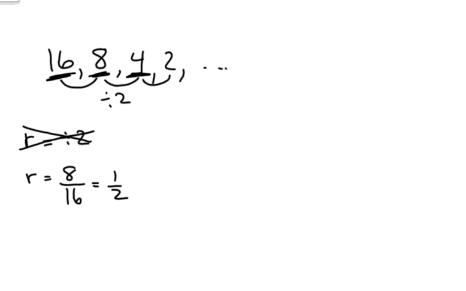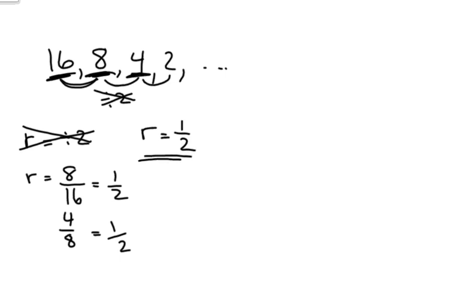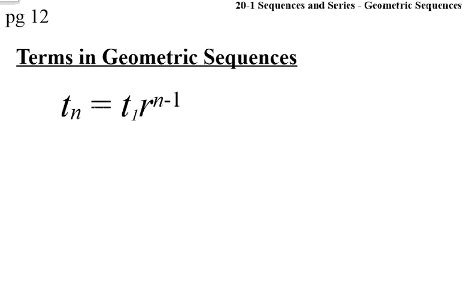Take the 4, divide it by the previous value, 4 over 8, doesn't divide evenly, so we just reduce it. R value is 1/2. So in this case, dividing doesn't cut it for an R value. We're multiplying by 1/2. So be careful with that with your R values.